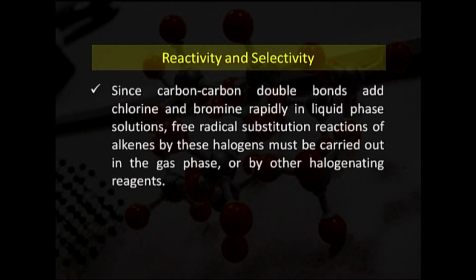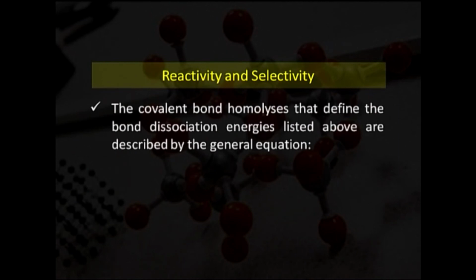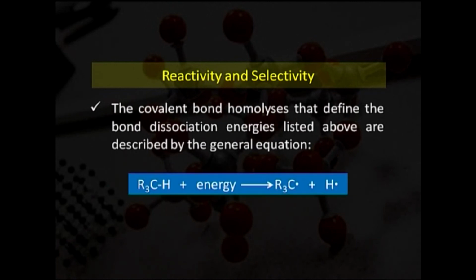halogenating reagents. The covalent bond homolysis that defines the bond dissociation energies listed above is described by the general equation. Here we are seeing that when this alkane gets the required energy, it converts into a hydrogen free radical and an R3C free radical.